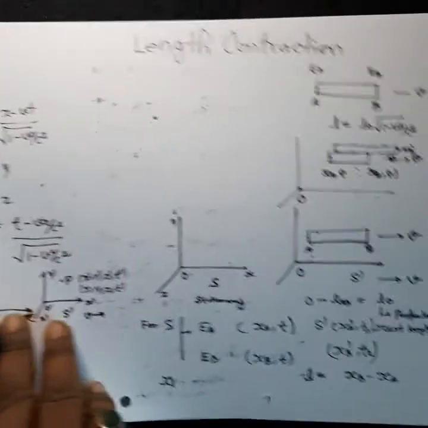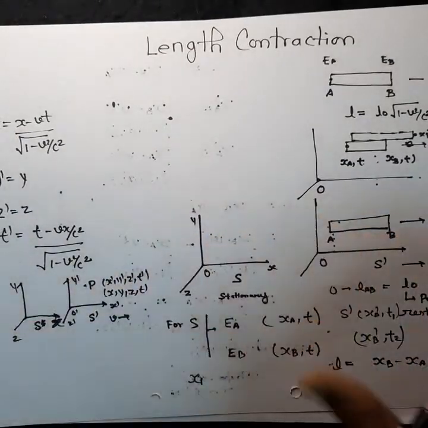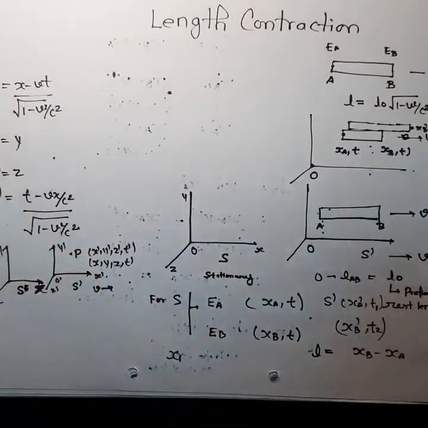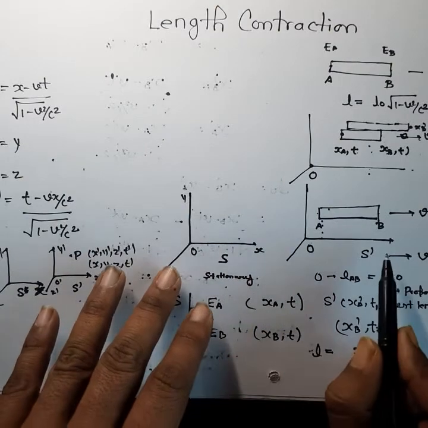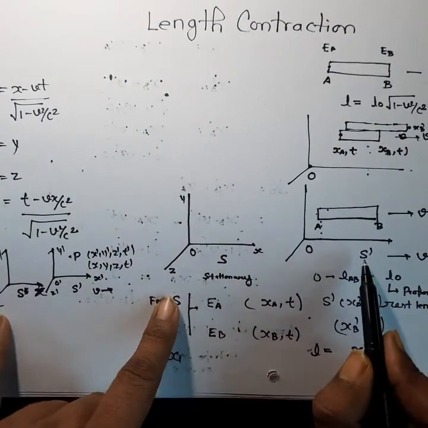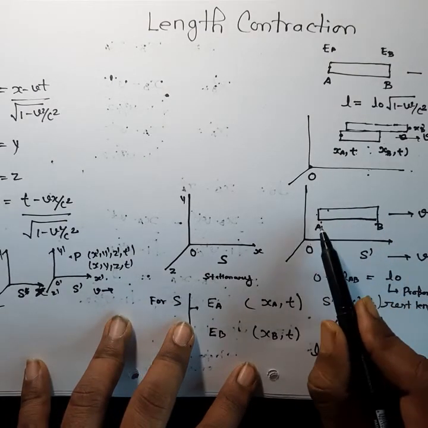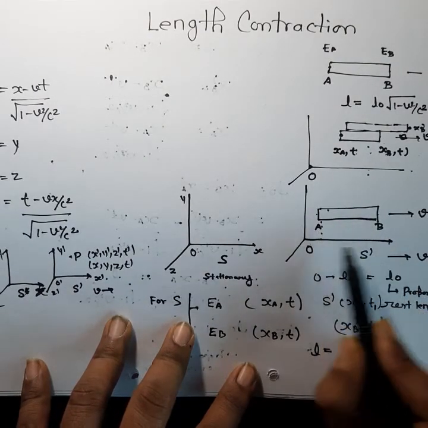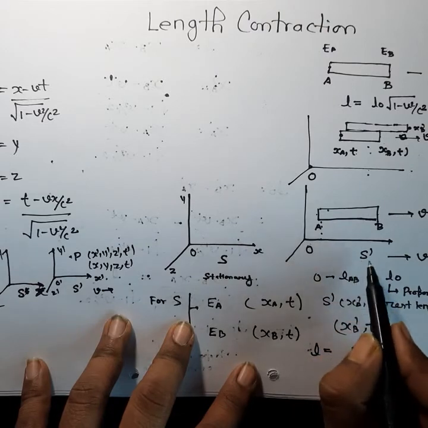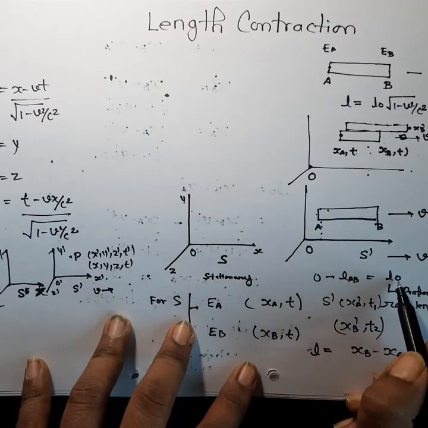What I have done, let's see. We have taken two frames of reference, one is S and the other is S dash. We have considered that there is a rod AB. The length of the rod in the S dash frame of reference is L0.